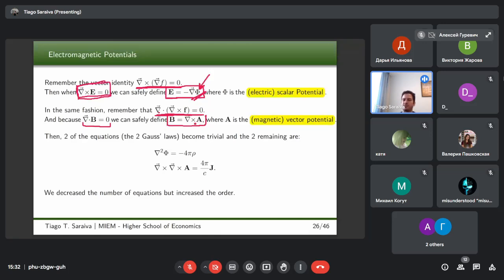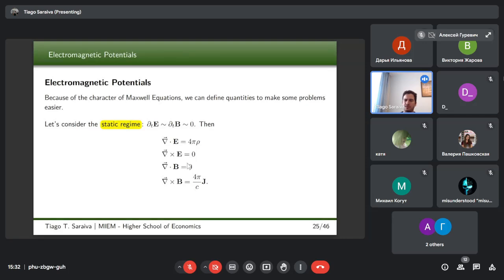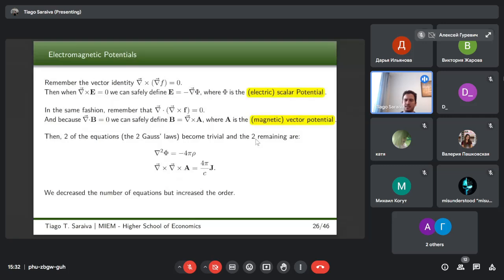Because we define it in terms of this vector potential, the divergence of B will always be 0, so this equation is automatically satisfied. So when you plug these two definitions into the set of equations from before, you get a new set of equations, just 2 equations.